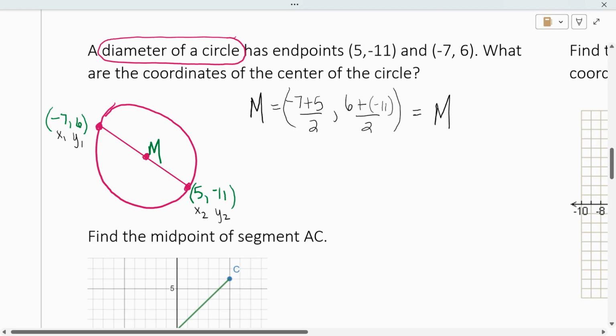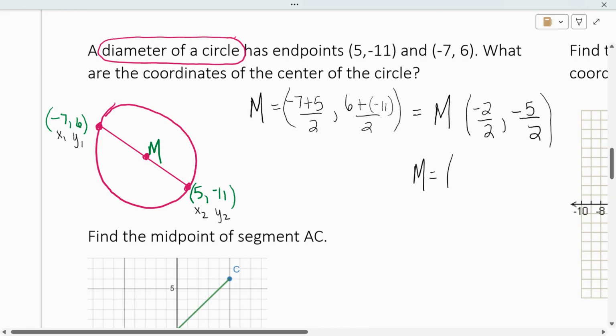What is -7 plus 5? -2. So I have -2 over 2, comma. What's 6 plus -11? It's -5.